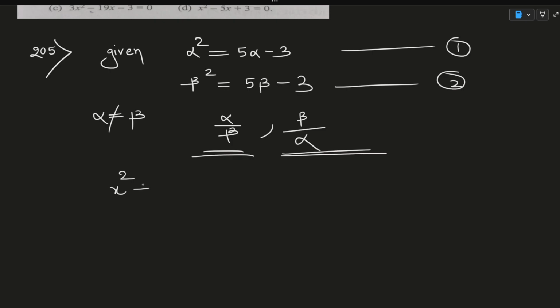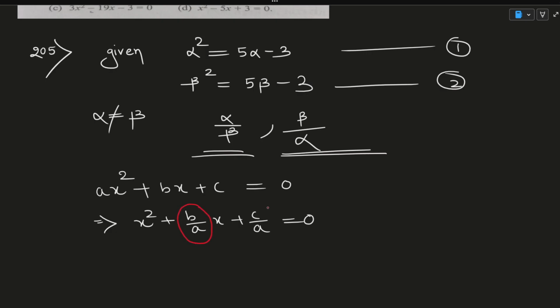So if we see carefully, the general form of quadratic equation is ax square plus bx plus c. If we divide by a, then to write the quadratic equation we need two values, that is the value of b by a and c by a.